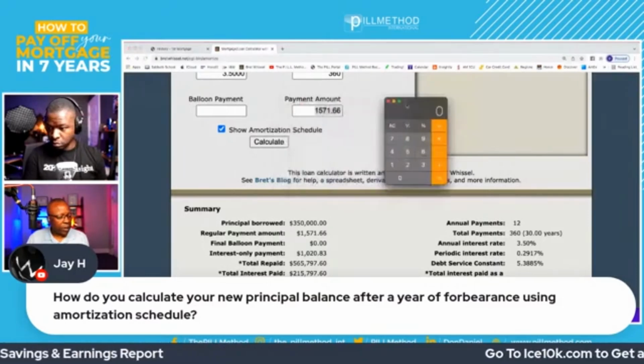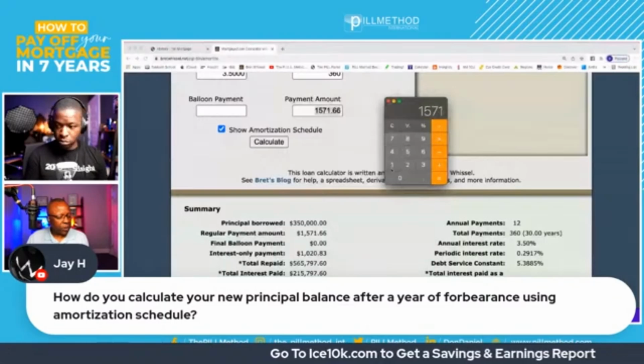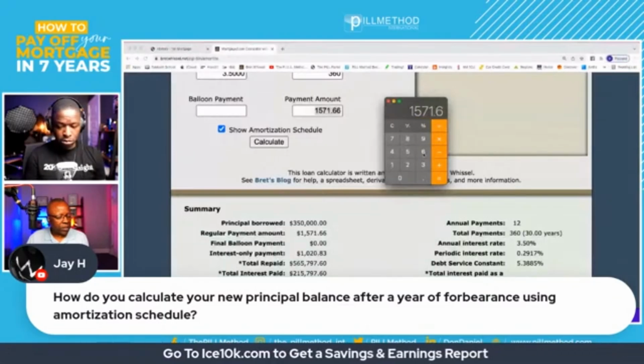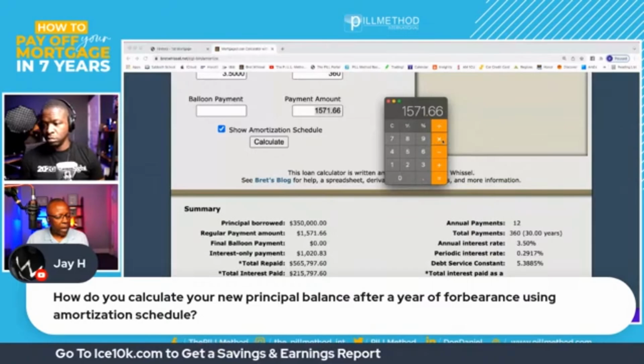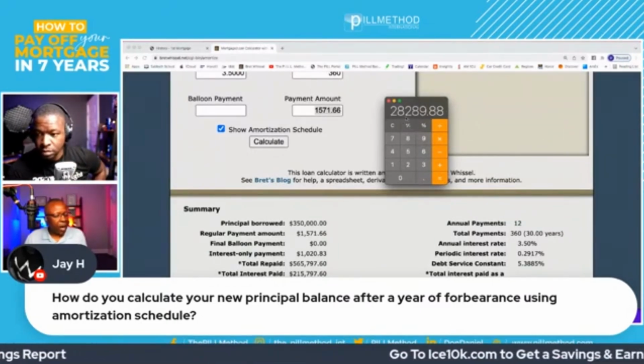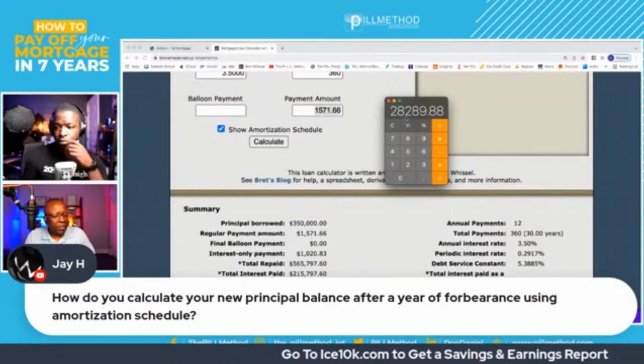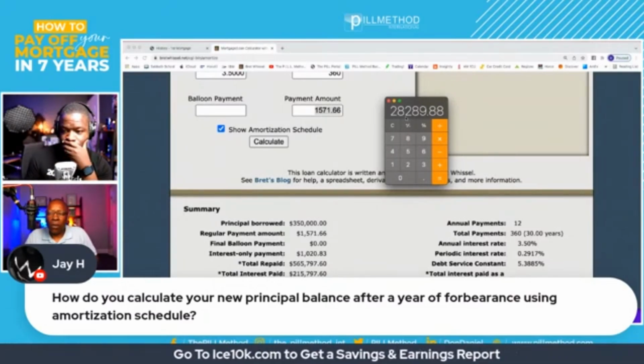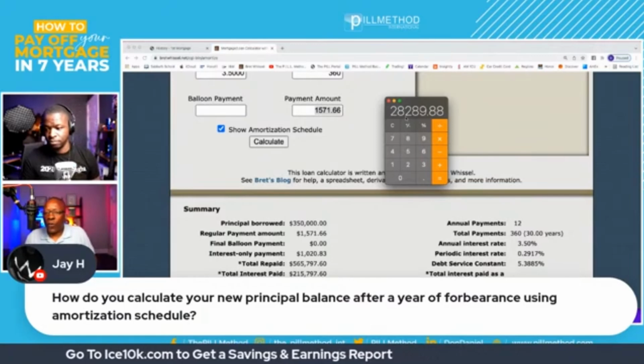So we take $1,571.66 and multiply it by 18. That is $28,289.88.